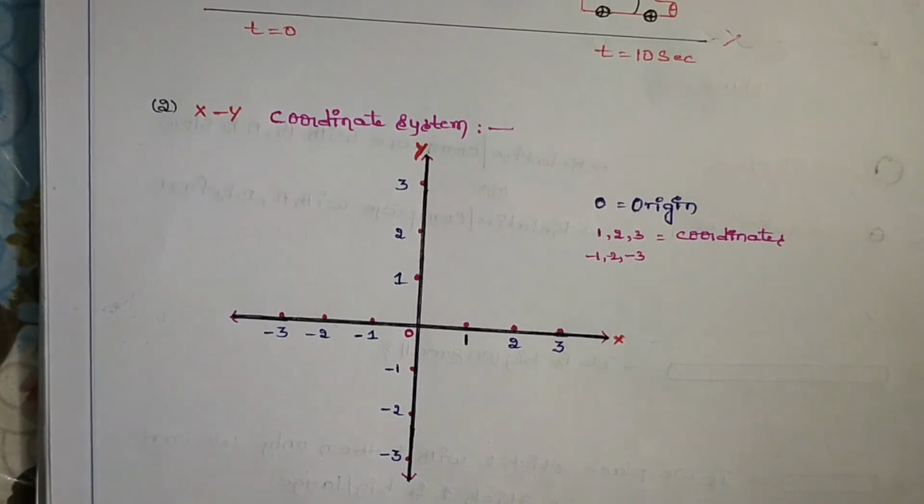And another word, frame of reference, is nothing but something that is not moving with respect to an observer. It is used to detect motion.